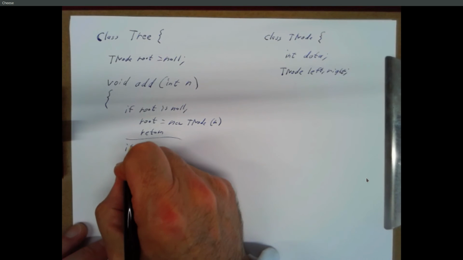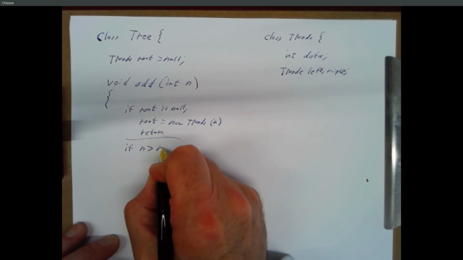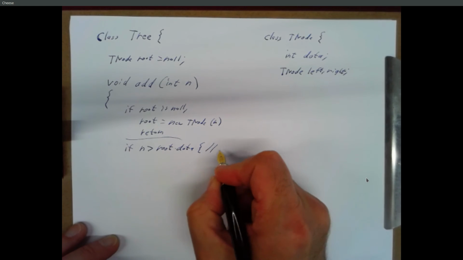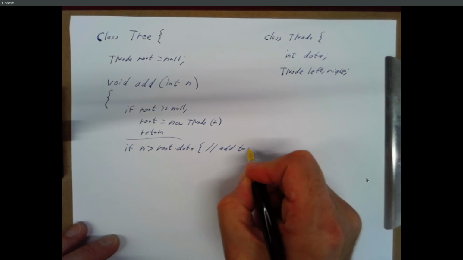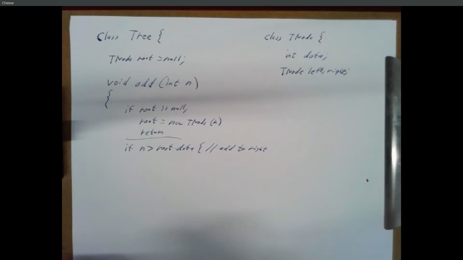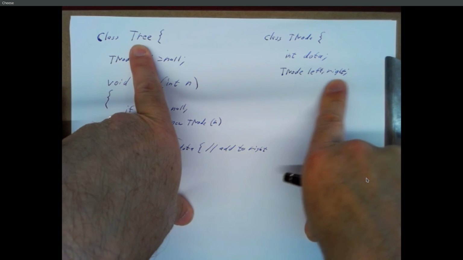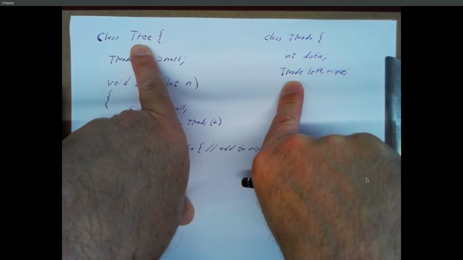Otherwise, if n is bigger than root.data, then we want to add to the right. There's a complication here, because root.right is not a tree, it's a t node.